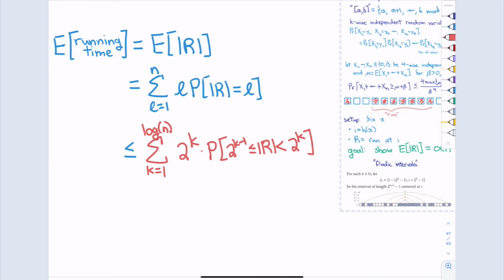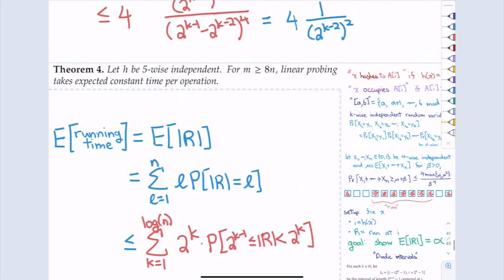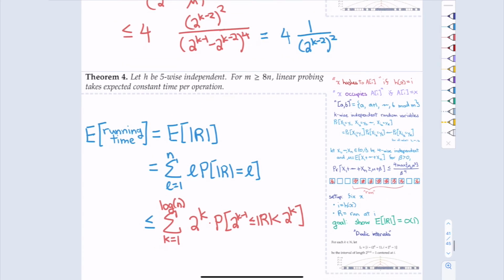So I'm rounding up. If R had some value between 2 to the k minus 1 and 2 to the k, maybe closer to the lower end, I'm still paying 2 to the k for it. So it's rounding up to the next power of 2. That might seem bad. But now we can apply this bound we got here.